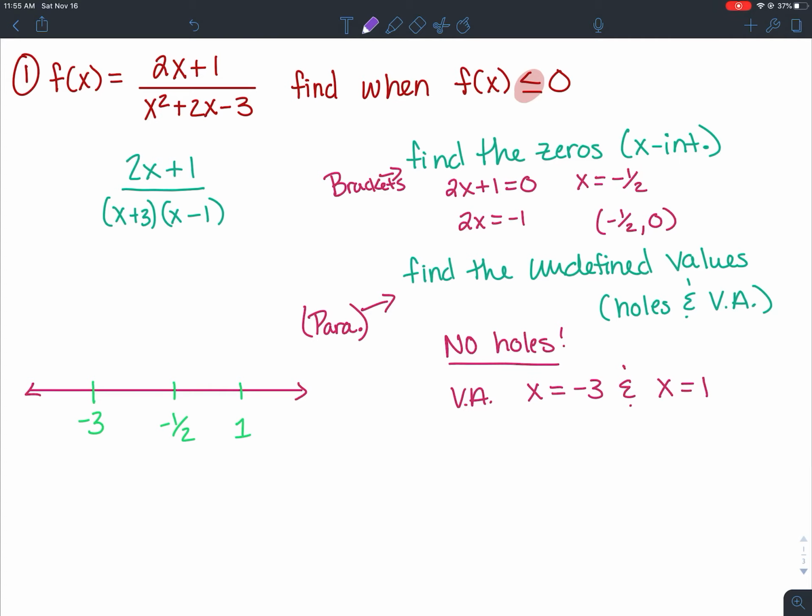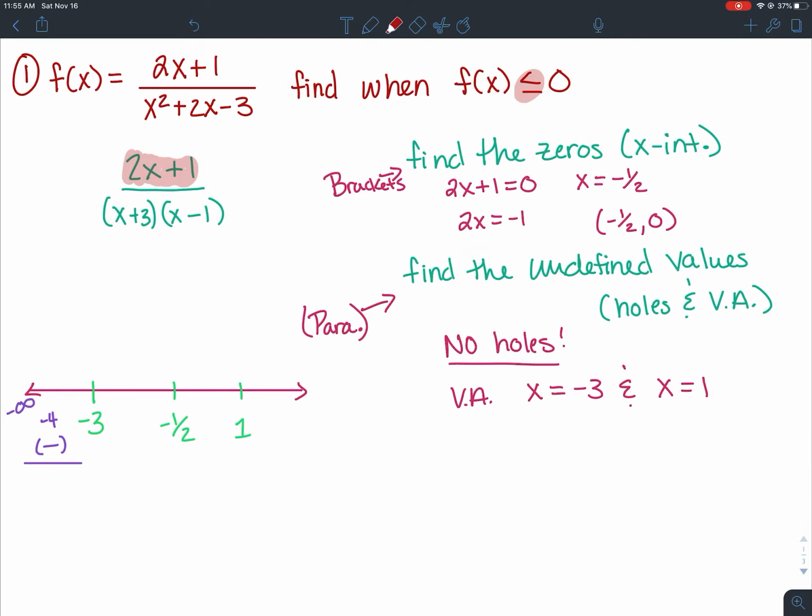For something below negative 3, I'm going to plug in negative 4. Could I have plugged in something else? Yes, you could have plugged in negative 5, negative 6, negative 7, so on, getting closer to negative infinity. But you don't want to plug in something ridiculous, because you have to be able to do the mental math. If I plug in negative 4, I get negative 8 plus 1 on the top, which makes a negative. On the bottom, I like to plug it into the factored form.